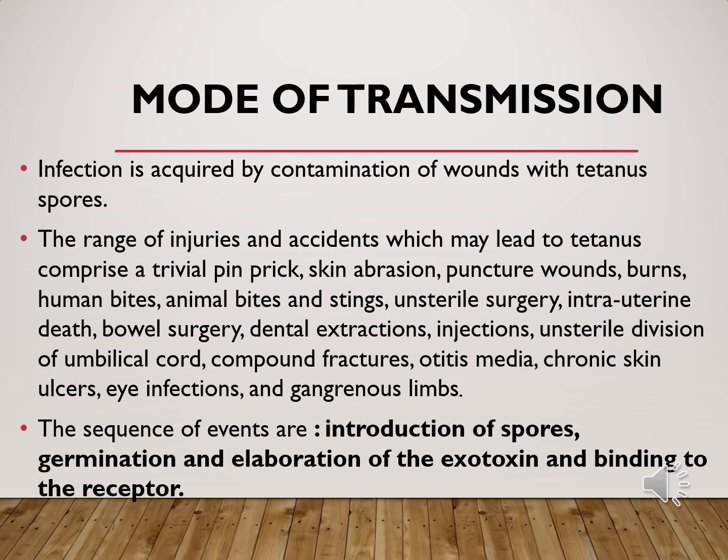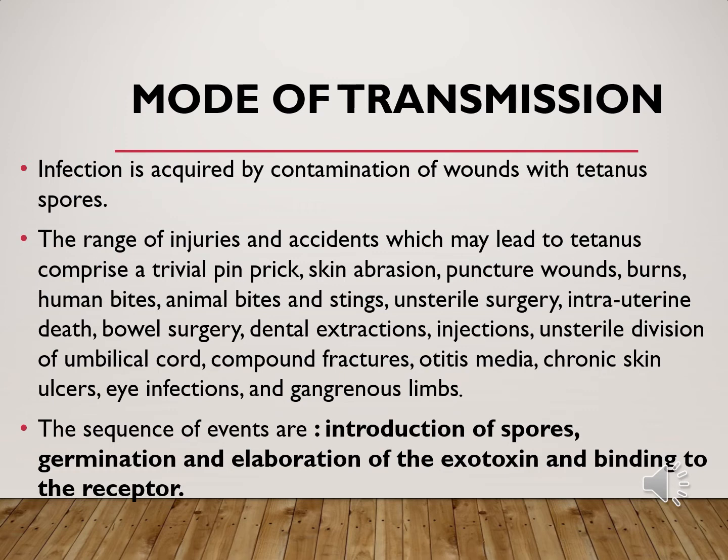The range of injuries and accidents which may lead to tetanus comprise a minor trivial pinprick, skin abrasion, puncture wounds, burns, human bites, animal bites and stings, unsterile surgery, intrauterine death, bowel surgery, dental extractions, injections, unsterile division of umbilical cord, which leads to neonatal tetanus, compound fractures, otitis media, chronic skin ulcers, eye infections, and gangrenous limbs. All of these may lead to tetanus.